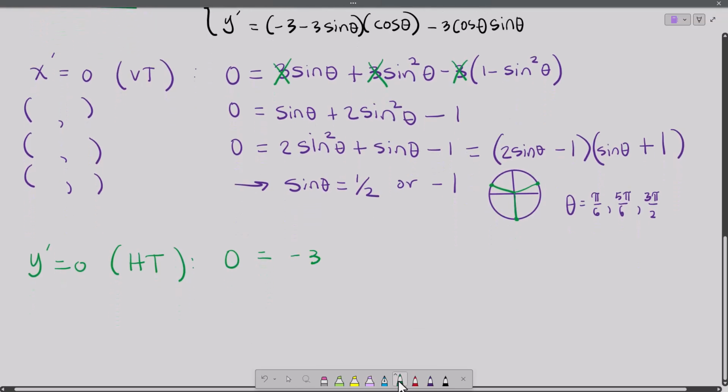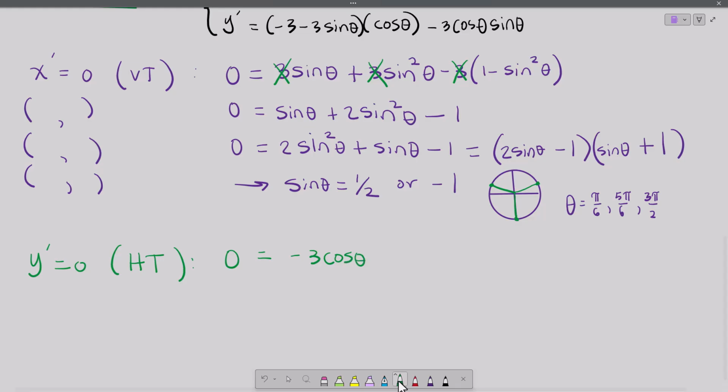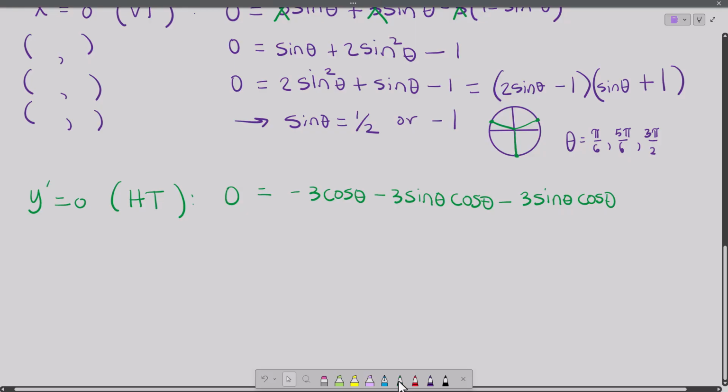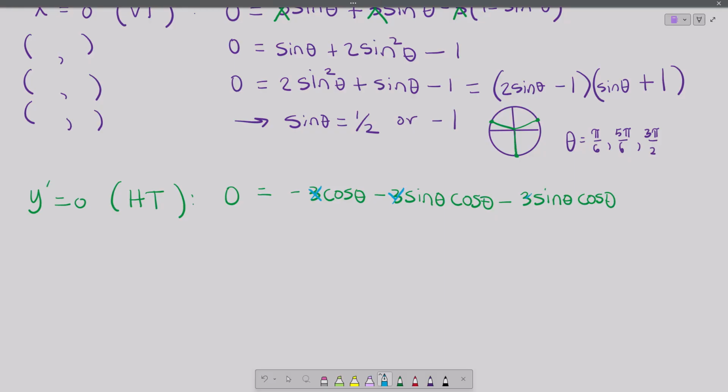So we have negative 3 cosine theta minus 3 sine theta cosine theta, minus 3 sine theta cosine theta. First thing we'll do is ditch the 3's, so we're going to divide out 3. And we can divide out negative 3 actually. So let's make this all positive. So divide out negative 3.